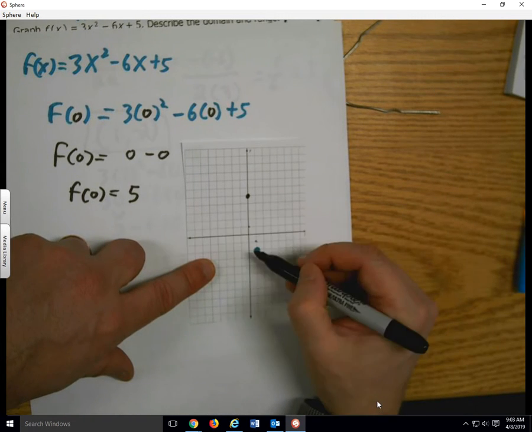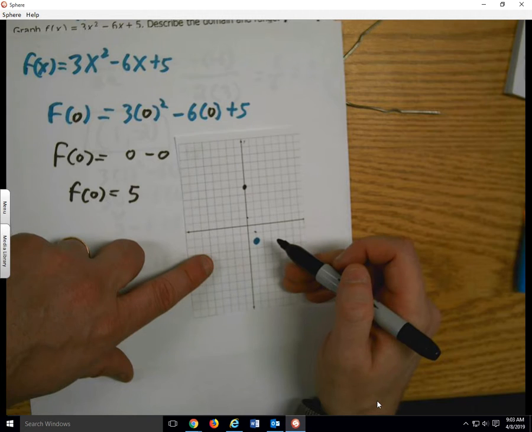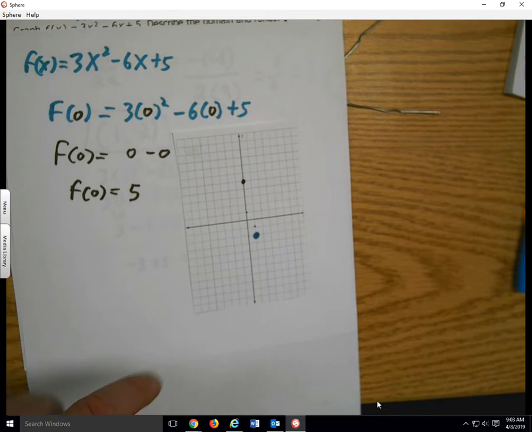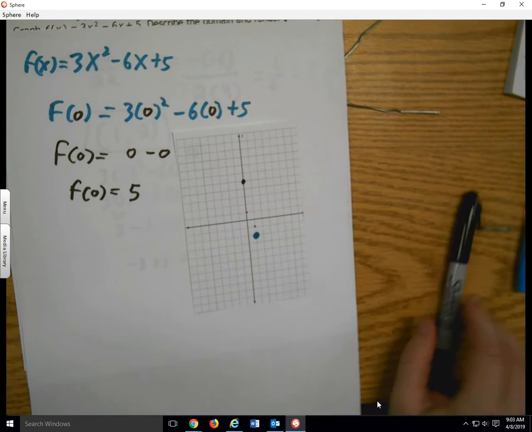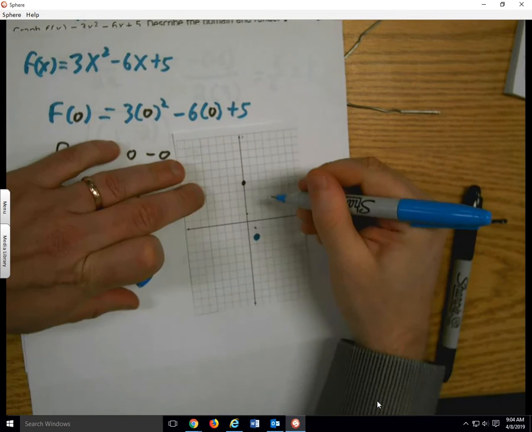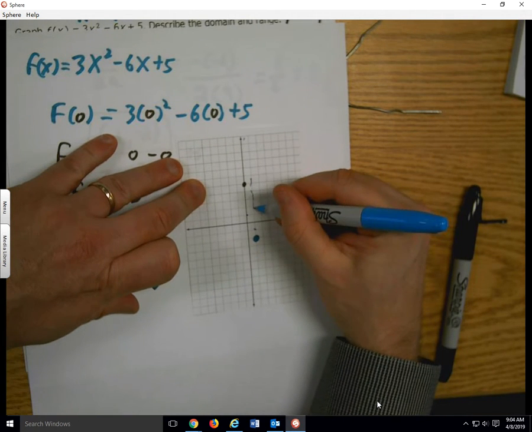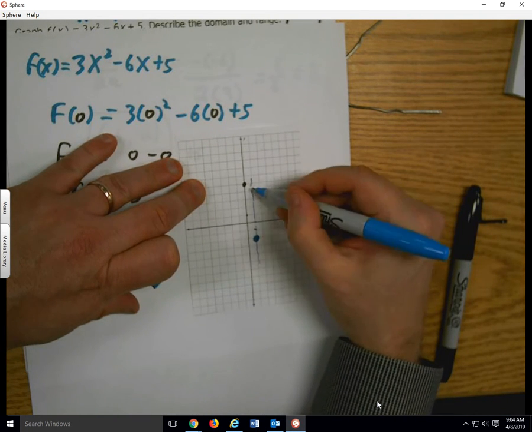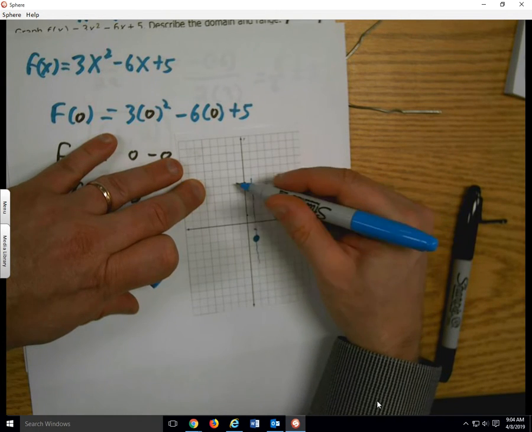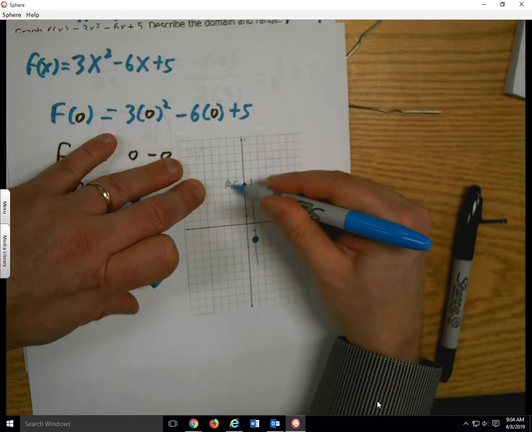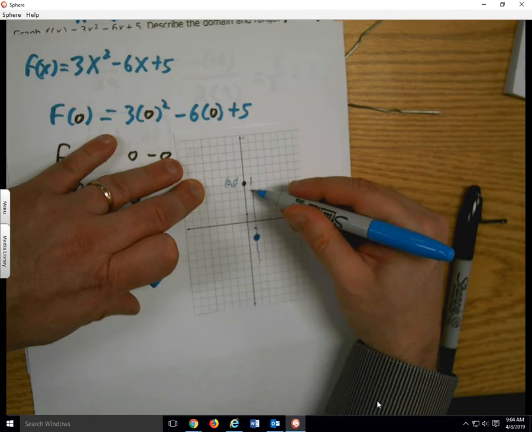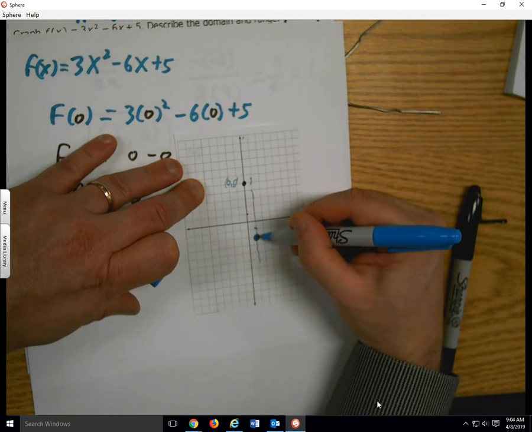Now you found one of the dots, but how would you find the other one? So you can kind of predict this parabola. Here's what I want you to notice. If I were to draw a line here through this axis of symmetry, I noticed that this point, the 0, 5, goes up 1, 2, 3, 4, 5, 6, 7 from the axis of symmetry.